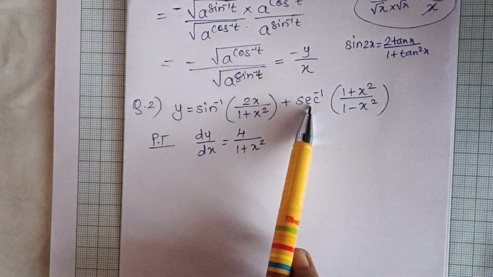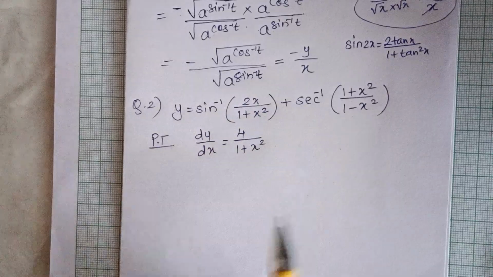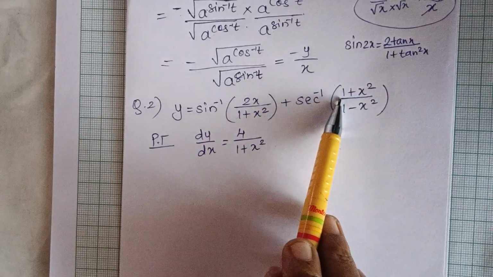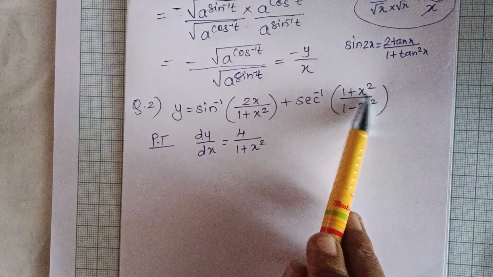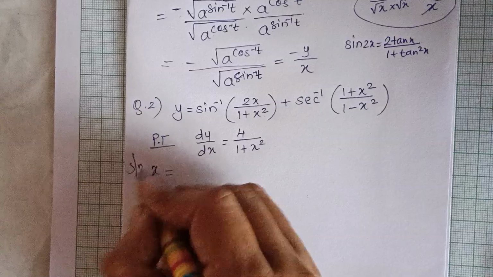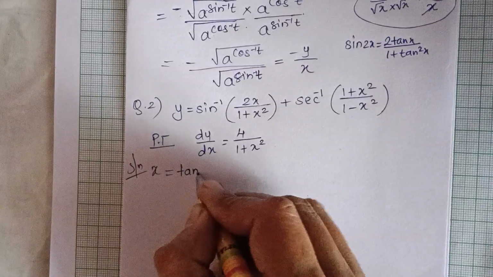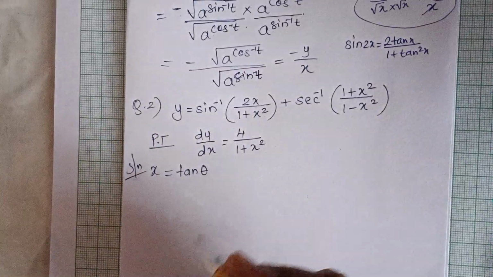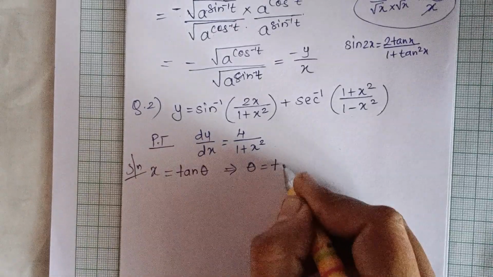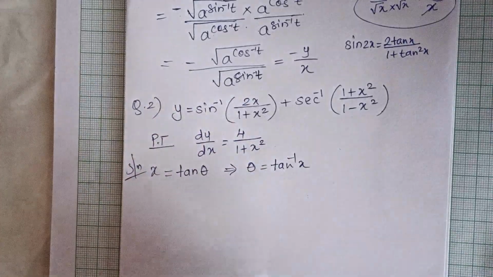So this sec inverse is given. You can write this as cos inverse by taking this cos inverse of 1 minus x square and 1 plus x square. Okay. So we are putting x equal to tan of theta. Okay. So from this theta will be what? Tan inverse of x. Okay.